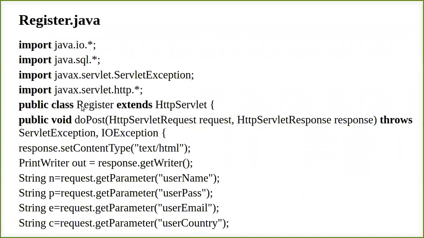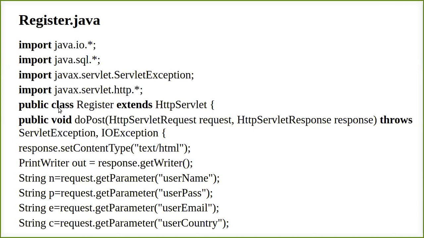We have created our file, that is your class, that is register, and we are trying to extend which class over here? That is your HttpServlet class. If you remember that chapter, we have learned these two packages. I've told you, whenever we are going to work with a servlet, we have to make the program understand that we are going to write servlet code. If you simply use the first package, then you have a Servlet interface.